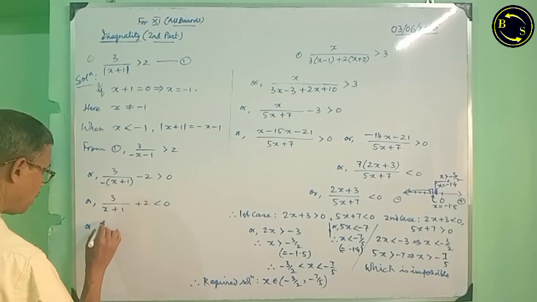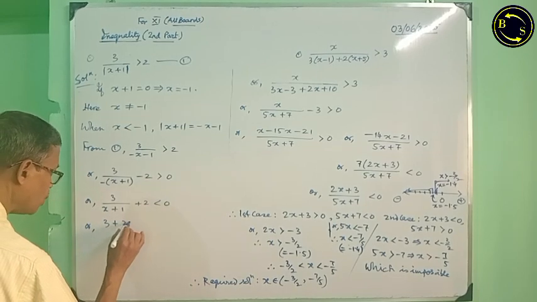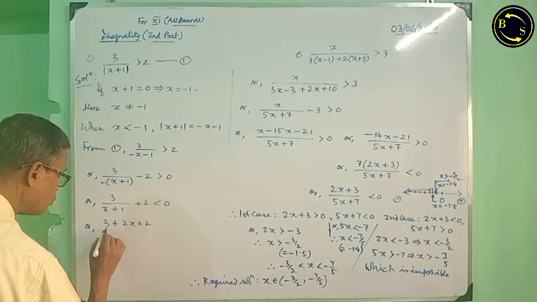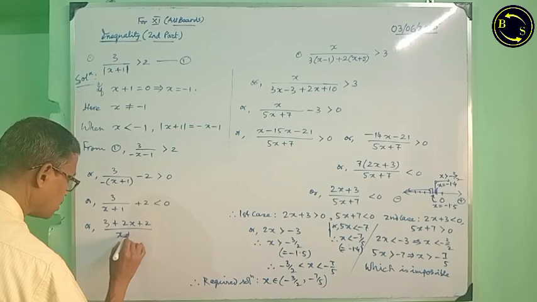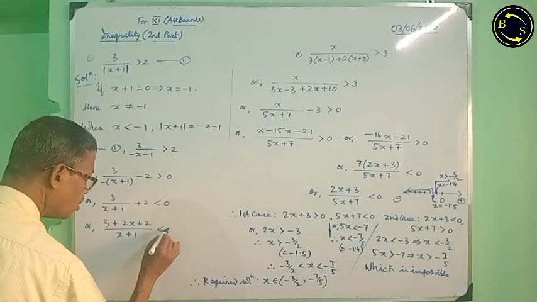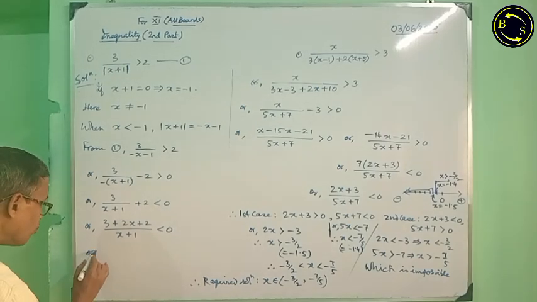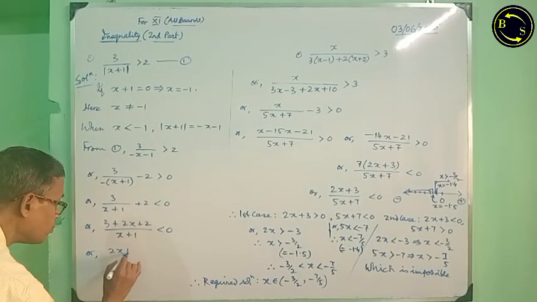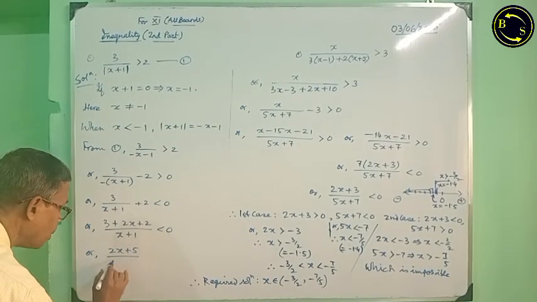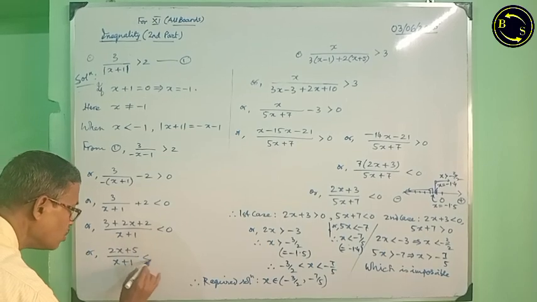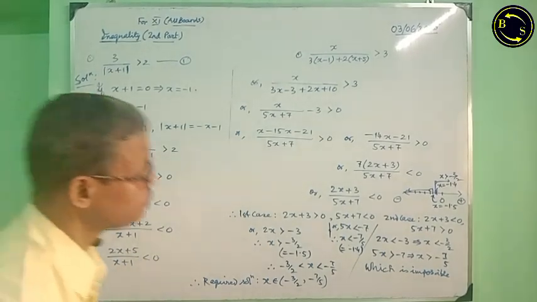Now we simplify 3 plus 2x plus 2 by x plus 1 less than 0, or 2x plus 5 by x plus 1 less than 0.